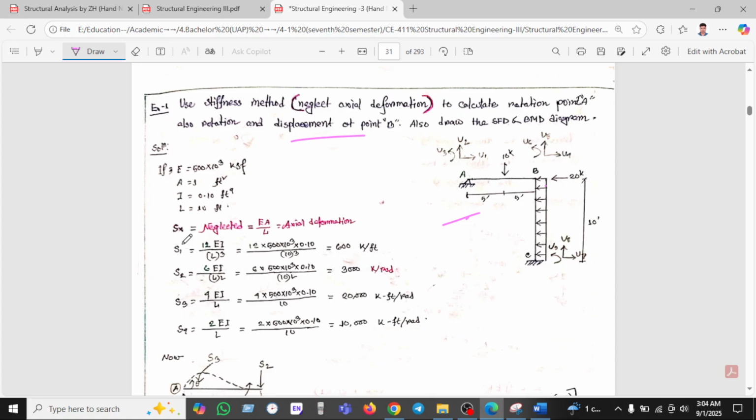So as the axial term is neglected in the given question, we have found S1 is 12EI by L cube, S2 is 6EI by L square, S3 is 4EI by L, and S4 equals 2EI by L. This is the formula, and finding this below.